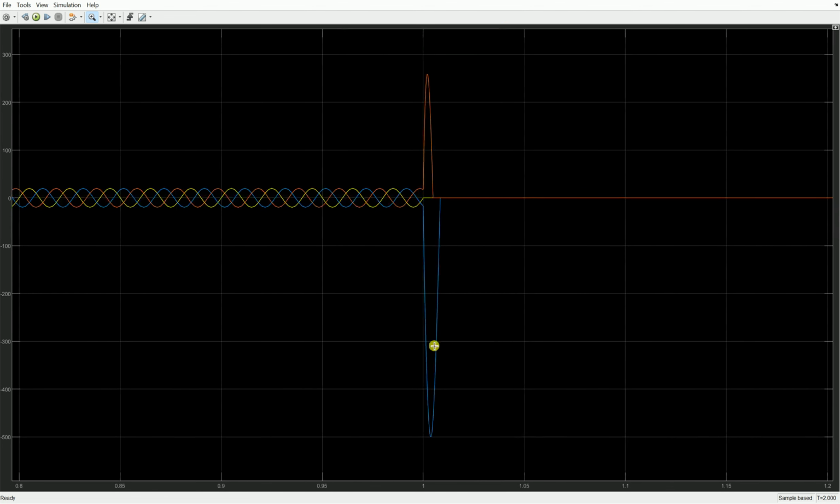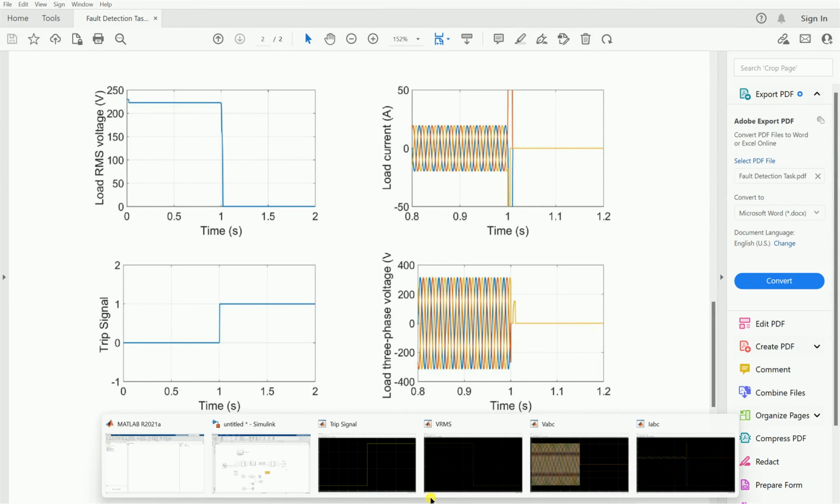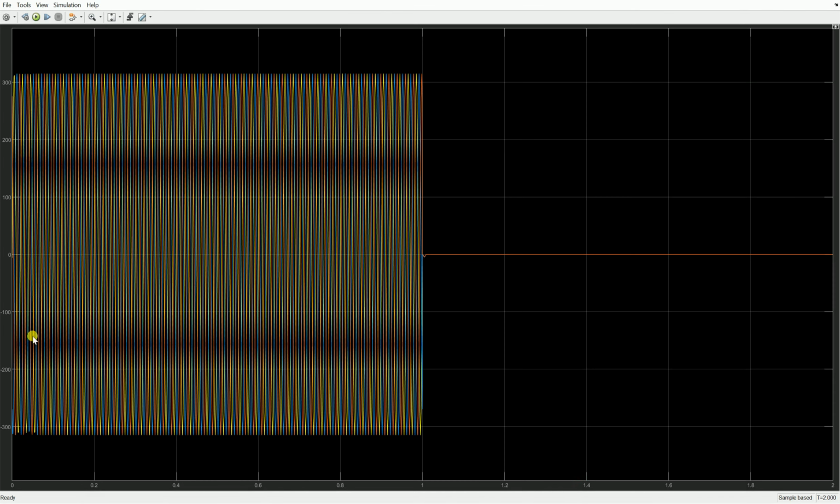If you look here, you can see that the current was in normal condition, and here when we have the fault, the current goes crazy, then goes back to 0 after switching off the circuit breaker. So it is normal, then goes very high and drops to 0. For the 3-phase voltage, it is normal, and then goes to 0.